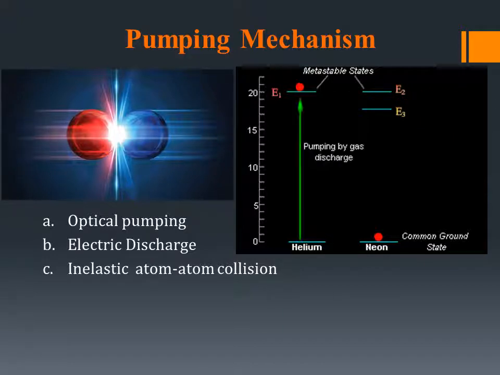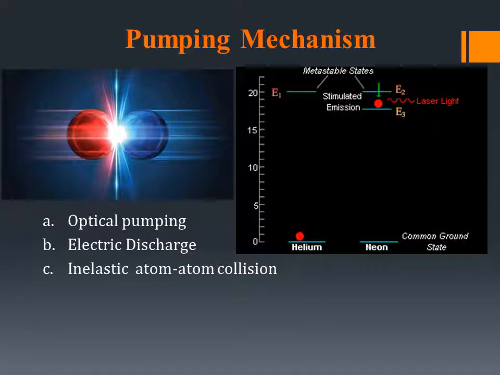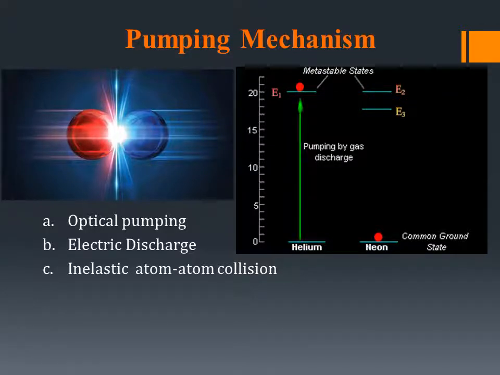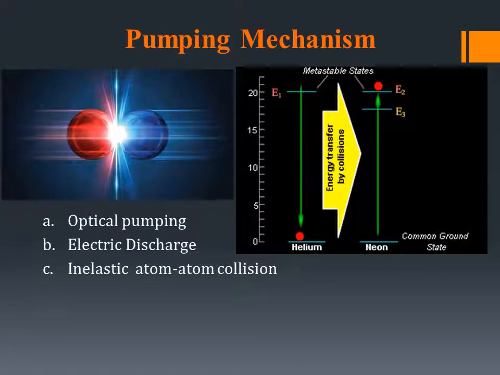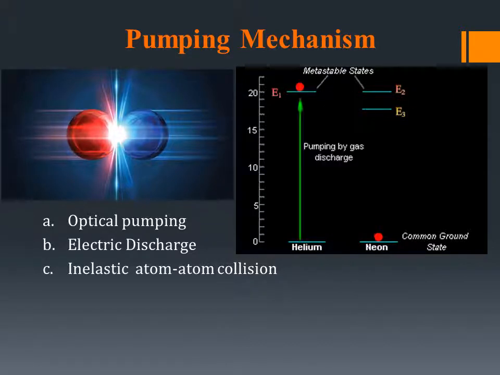During electrical discharge, atom A gets excited due to collision with the electrons, and the excited A atoms now collide with the B atoms, so that B goes to an excited state. This kind of pumping takes place in the helium neon laser as well as in the CO2 laser.